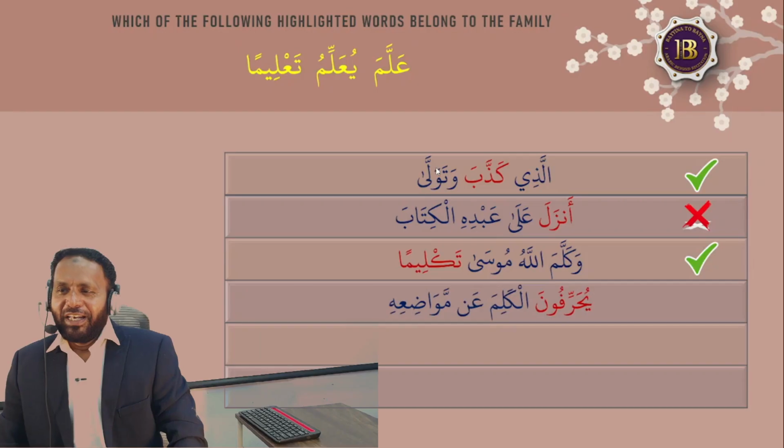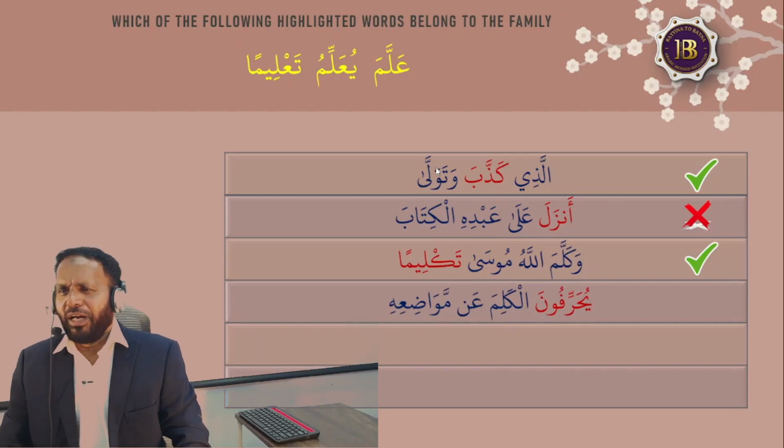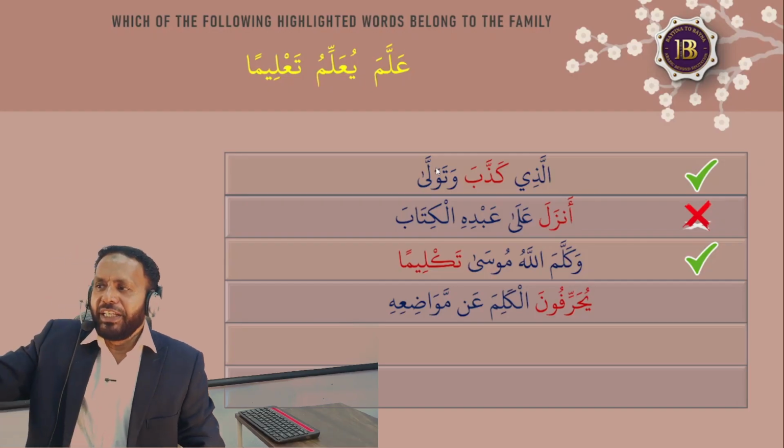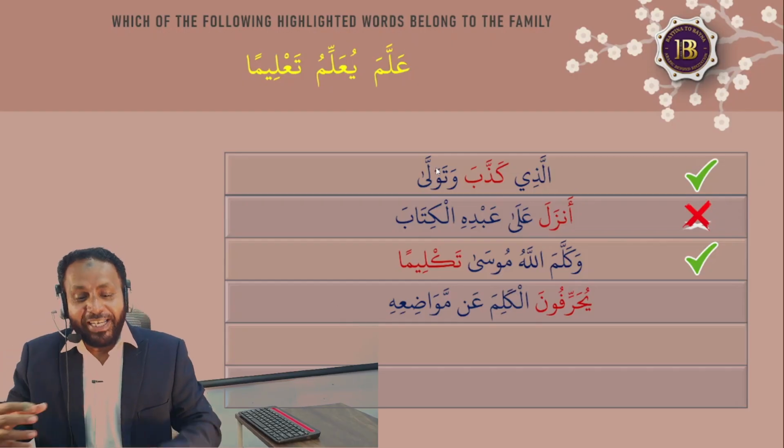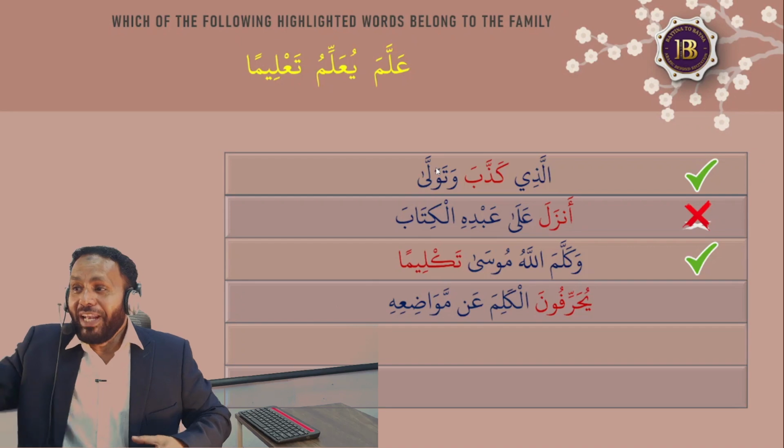Okay, now this is challenging. Yuharrifun al kalima an mawadihi. Yes or no? This needs a little bit of workout. It is? Yes. Because you see, yuharrifuna is a plural word. Yuallimu is singular.